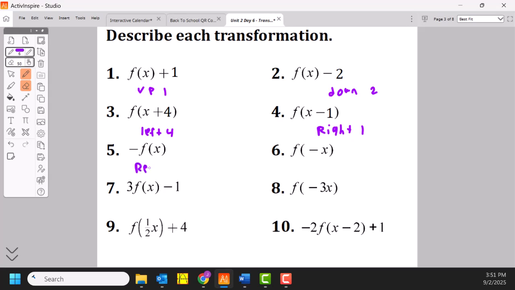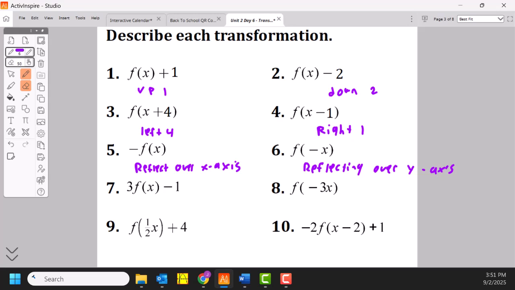This is reflecting over the x-axis. And this one is reflecting over the y-axis.